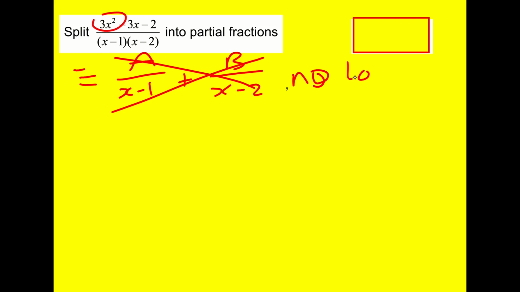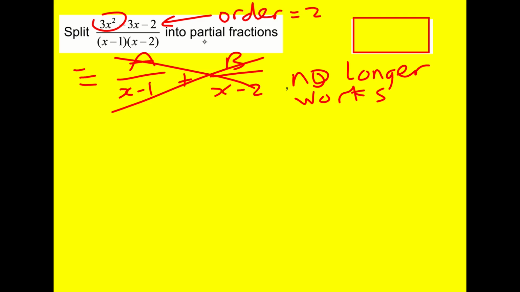So no longer works. Why does it no longer work? It's because the order of the numerator is equal to 2. The order is like the highest power, and the order of the denominator is also equal to 2.